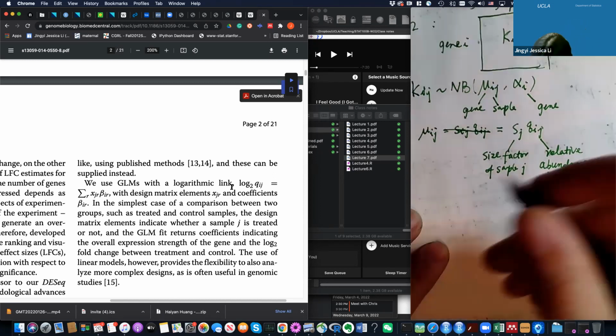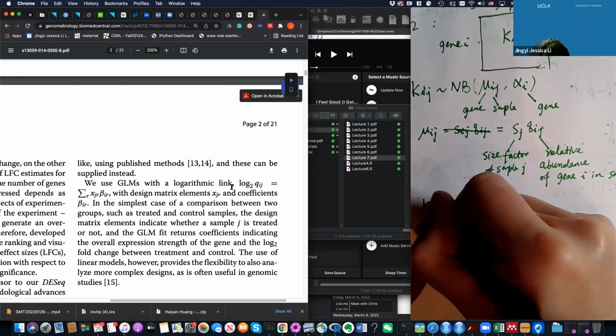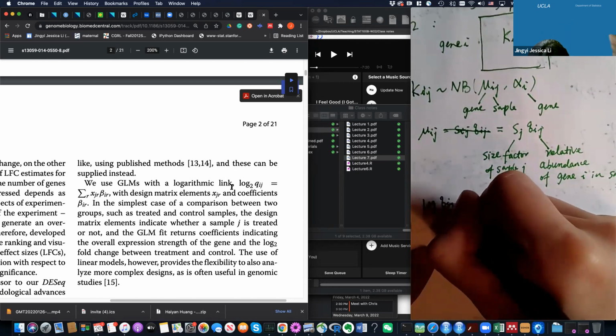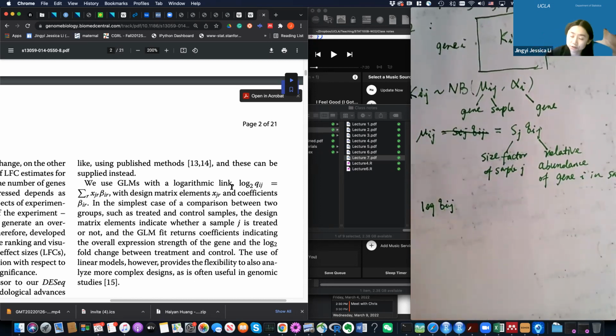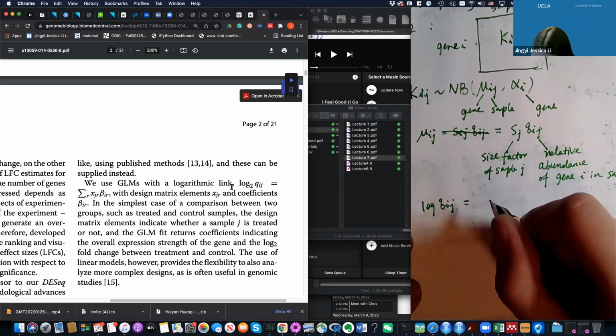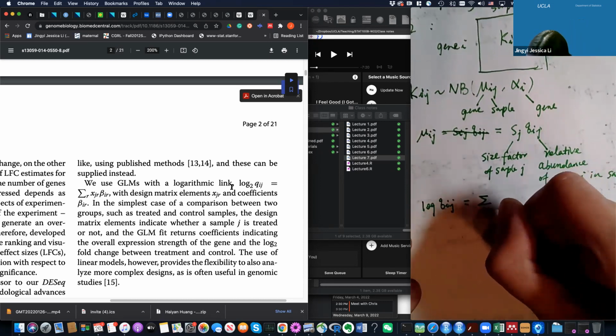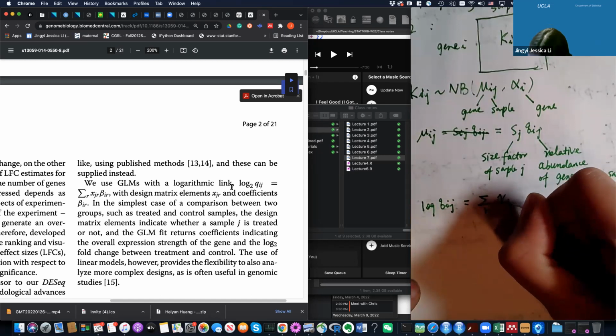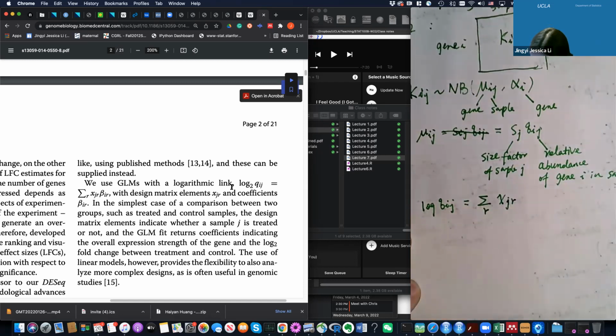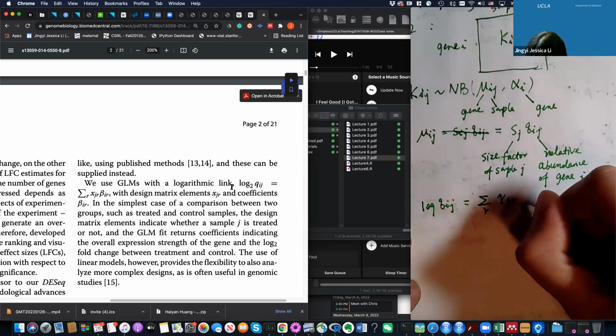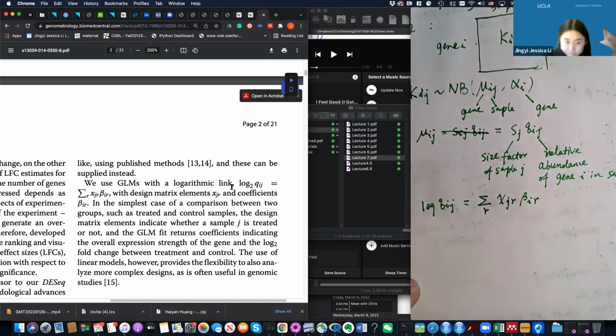So they are assuming the log of Qij, the relative abundance of gene i in sample j, is equal to, you can see what they write here, the sum over r of Xjr times beta ir.